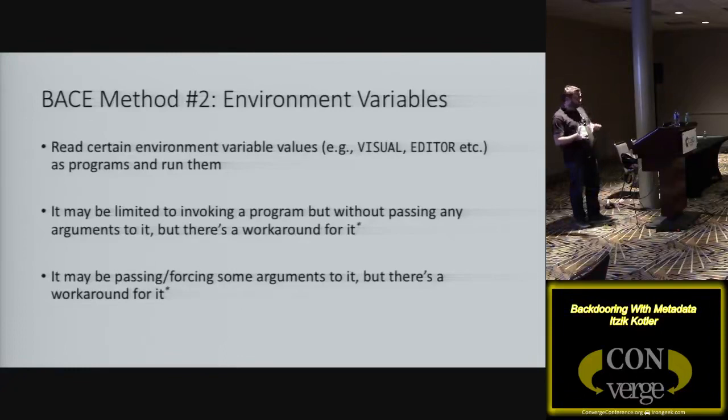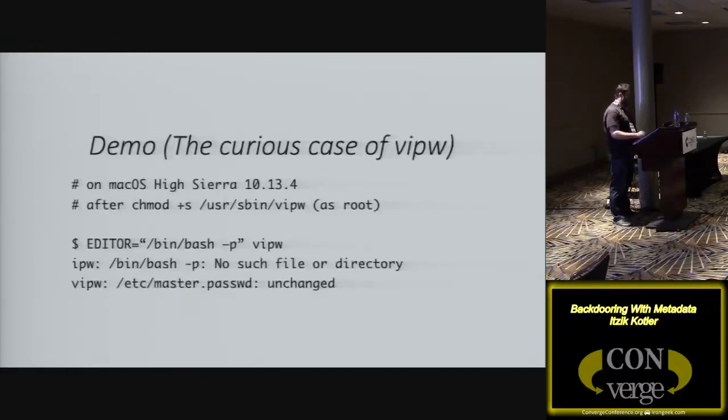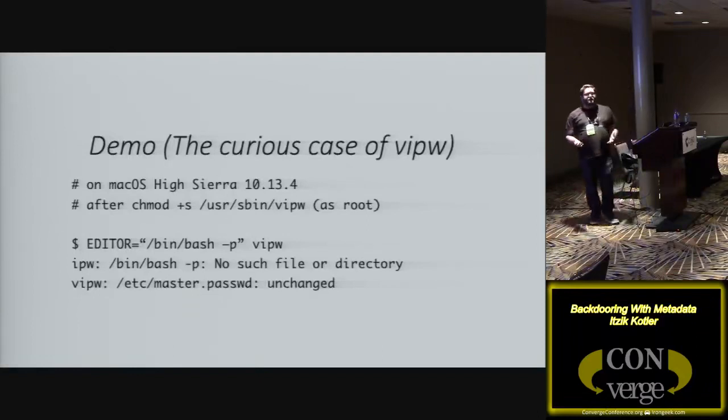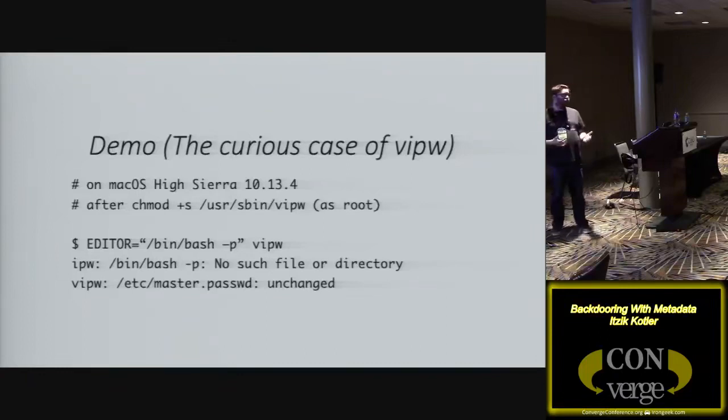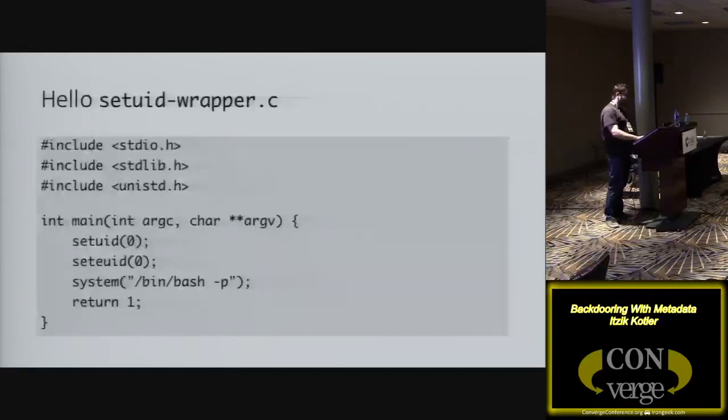So tweaking and playing with VISUAL and EDITOR is a way to exploit that. Again, the same limitations apply. Here we can see an interesting case of a program called vipw, which allows the administrator to change a password, and we can declare a new editor for it. However, trying to execute that code as is returns a failure because it expects a single file and not a command line.